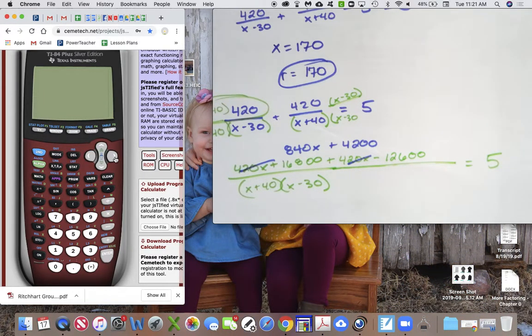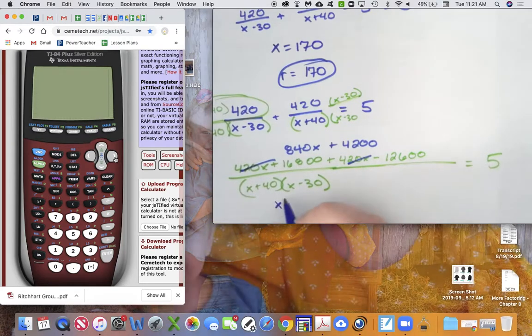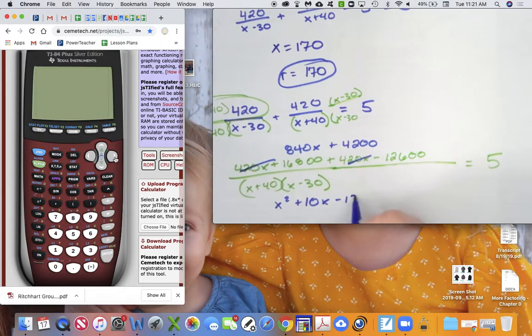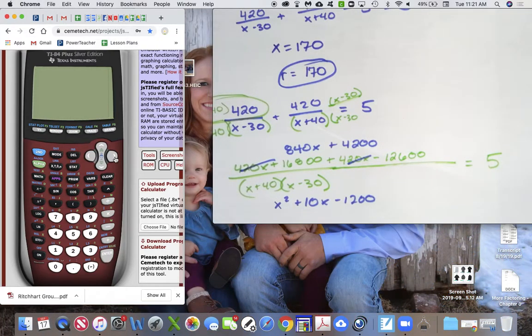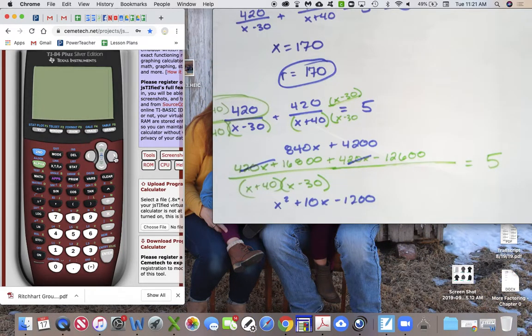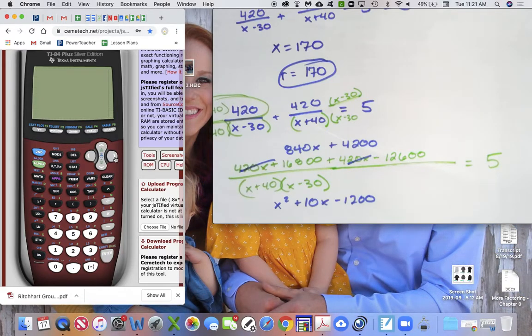The two outside multiplied together, and these two added together make 10. Wait, it's negative 30. I have this over this, and I want to get just 5.